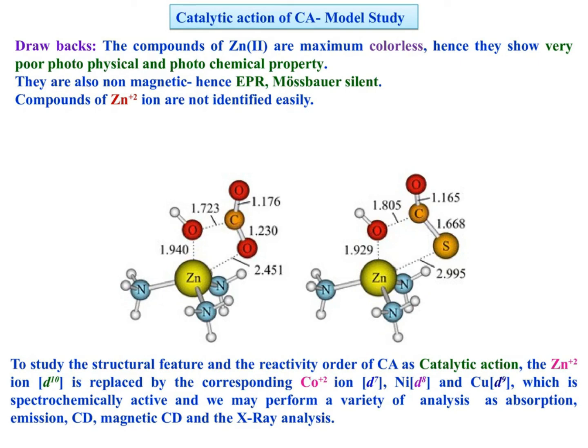If we replace the zinc 2 from the active site of metalloenzyme CA by cobalt 2 ion d7, nickel 2 ion d8 or copper 2 ion d9 ions, which are highly colored and spectroscopically highly active, we get data from their compounds in different stages of the catalyst: absorption, emission, CD, magnetic CD, as well as X-ray analysis if we could crystallize the compound.